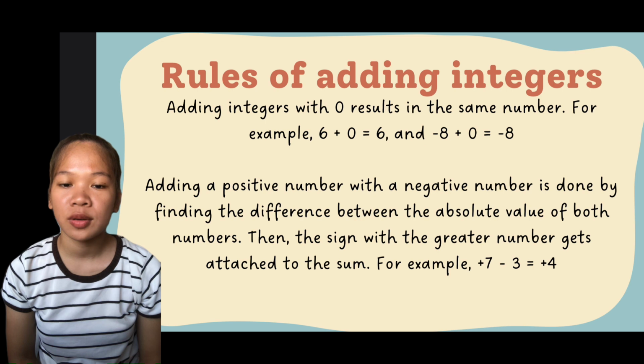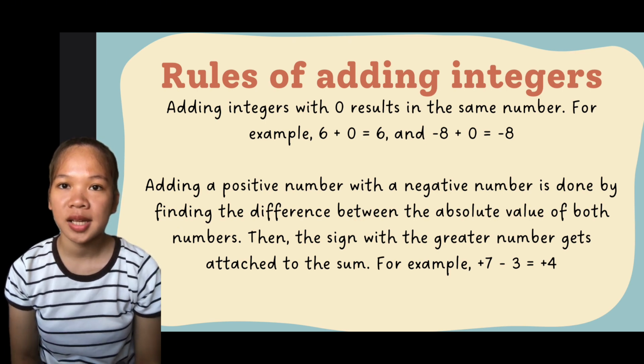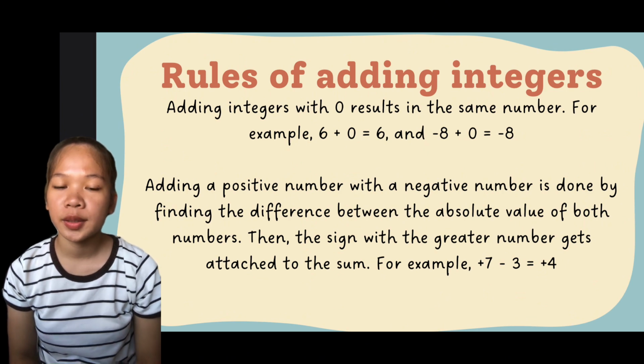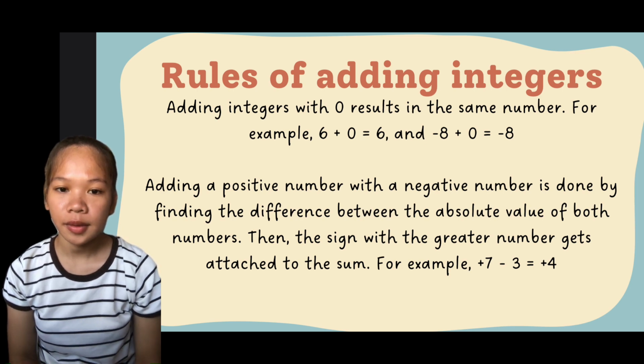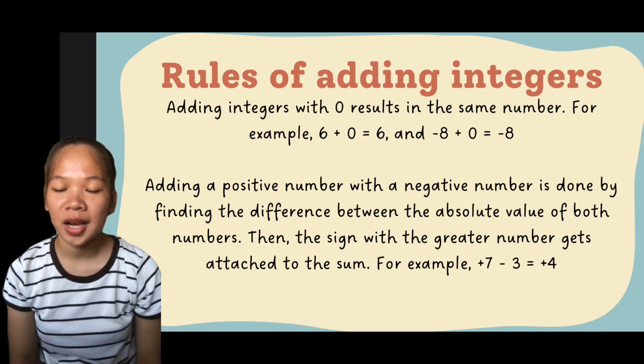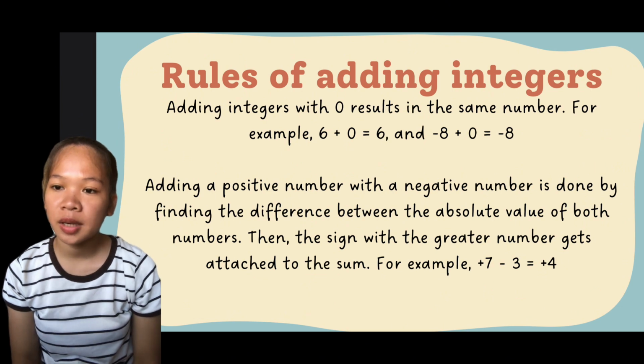So, it is because hindi sila magkaparehas ng sign. That's why we are going to subtract the integers. And then, susundin natin yung sign ng pinakamalaki na number. It is because, di ba, minus na natin. 7 minus 3 equals 4.